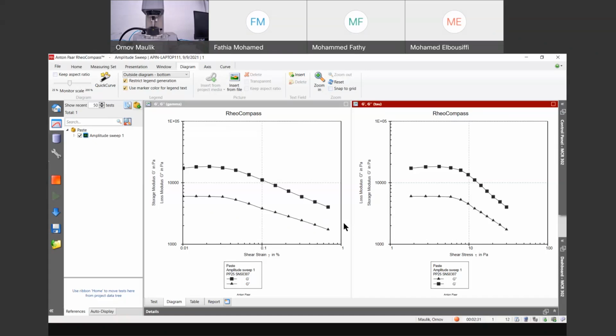If you consider the elastic range for this particular product, it would be somewhere near here, because after this point you can say that the deviation took place and your sample actually starts deflecting towards G double prime.